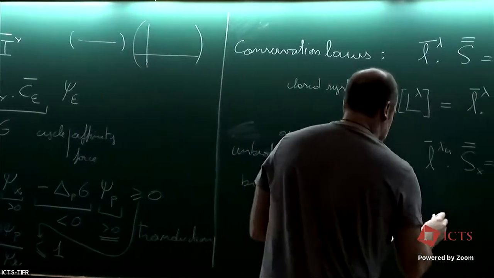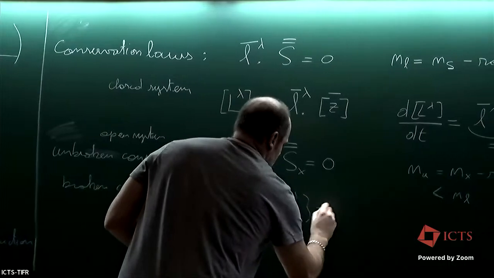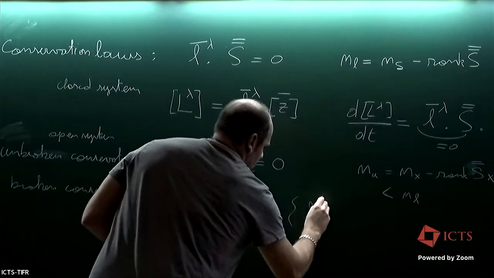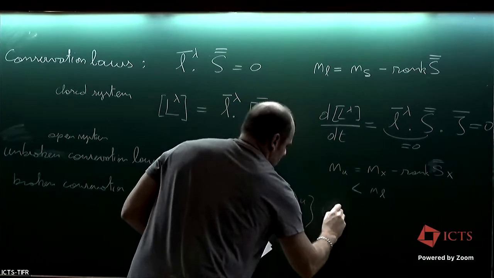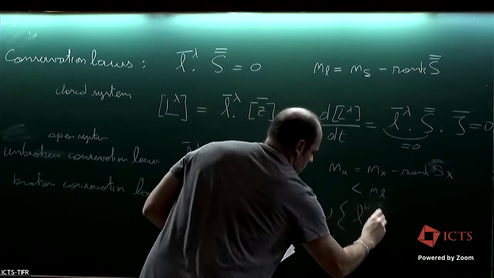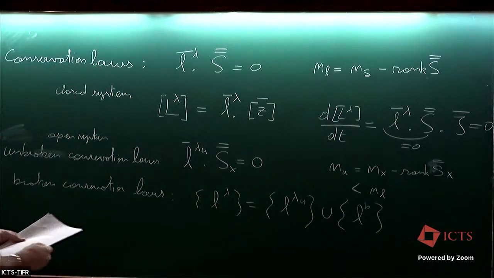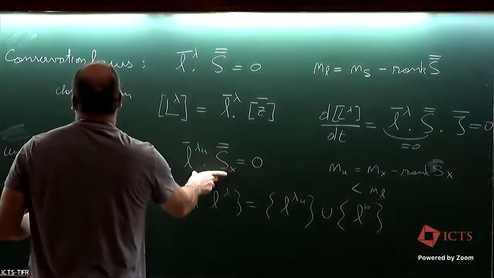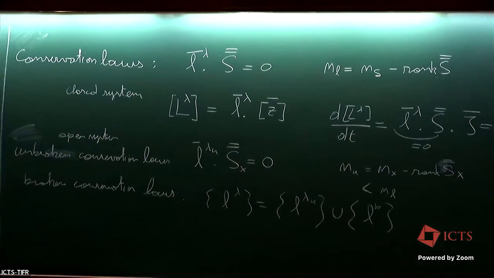I use again this notation with the set. So of all conservation laws, there will be the ones that are unbroken and the ones that are broken. The unbroken ones are kind of obvious, since they still need to be conservation laws of the reduced system.